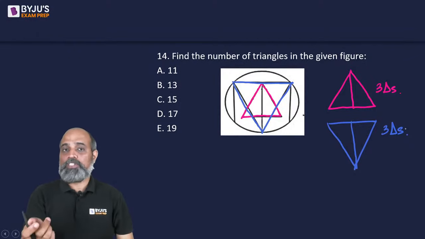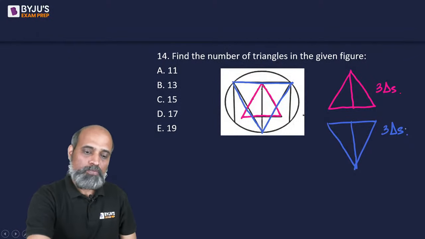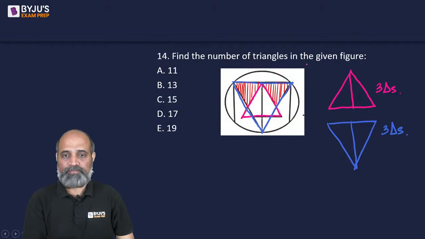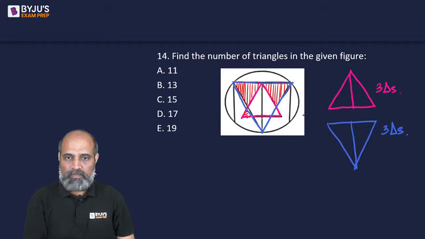Now let's move towards the smaller ones. Smaller ones will mean एक ये, एक ये. 2, one this small, another one is this one.